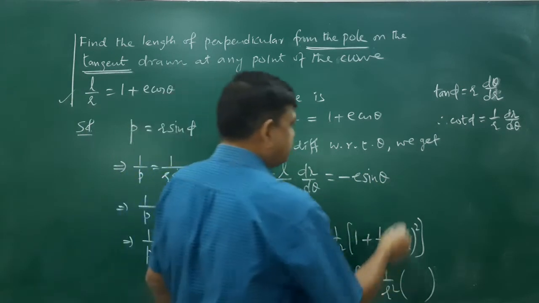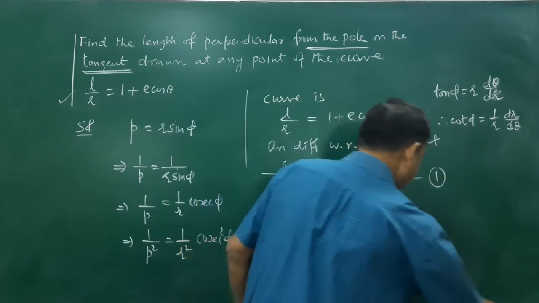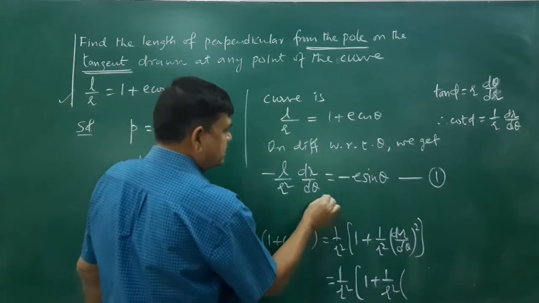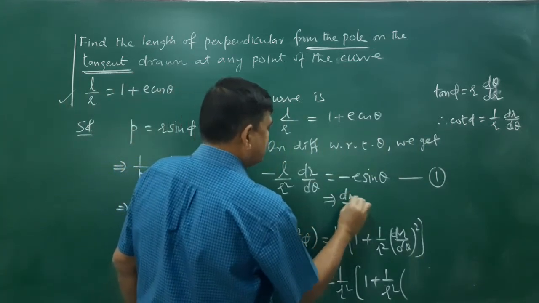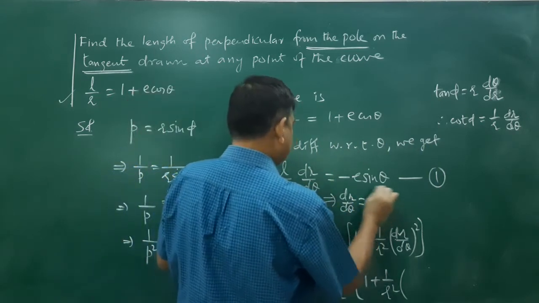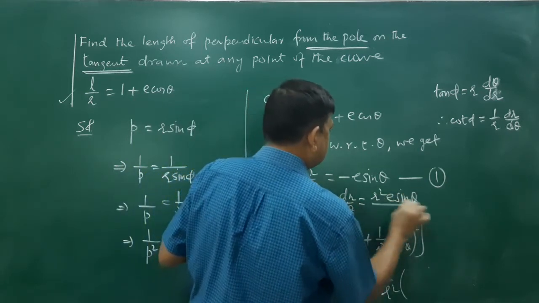So we substitute, and this implies dr by d theta equals, minus minus plus, r square e sin theta upon l.